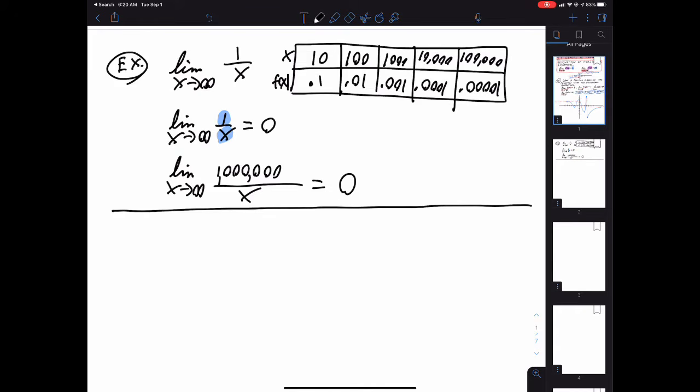And not just that, it doesn't necessarily have to be a constant, it has to be a bounded number on top. Say I have a number on top that's fluctuating, like sine. Now the top is not a constant. As x goes to infinity, sine changes. But the biggest sine could be is 1, and the smallest sine could be is -1.